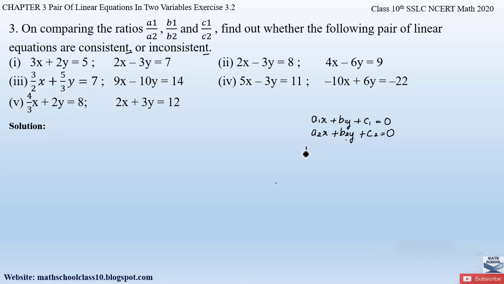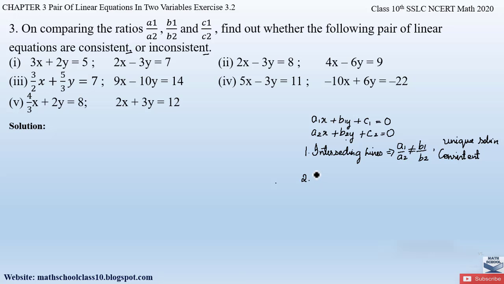The first category is when the lines are intersecting, then a1 by a2 will not be equal to b1 by b2. At this point we obtain a unique solution, and since we obtain a solution, the pair of linear equations will be consistent.